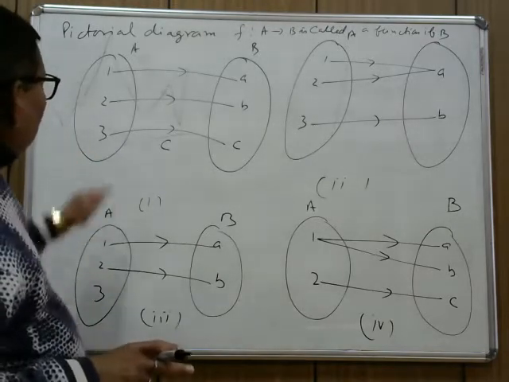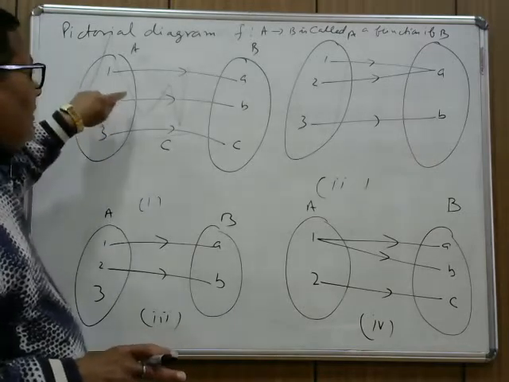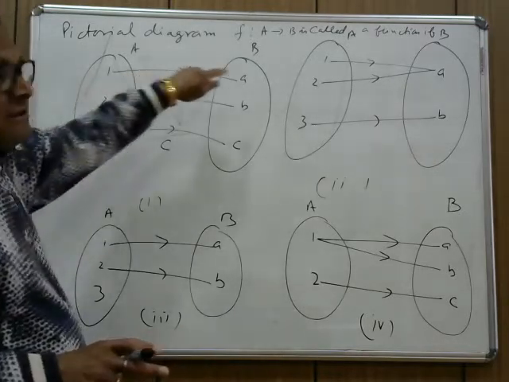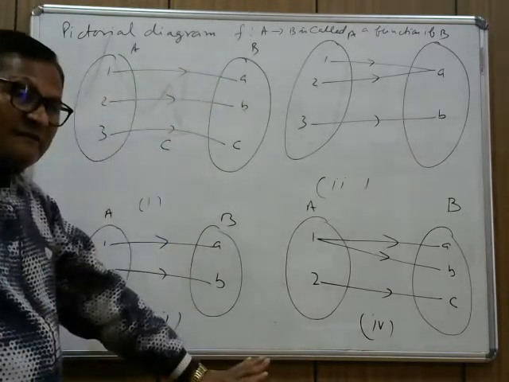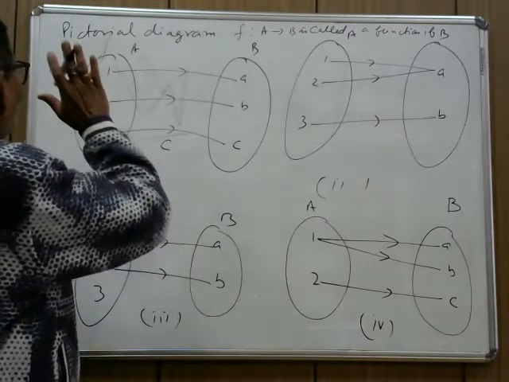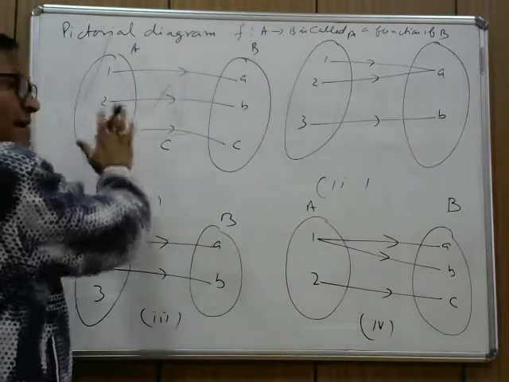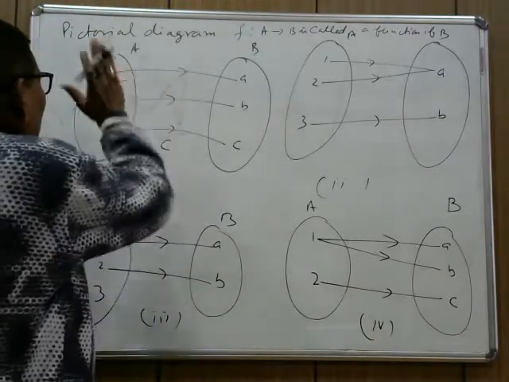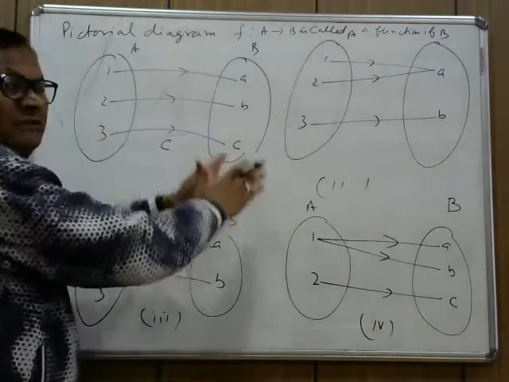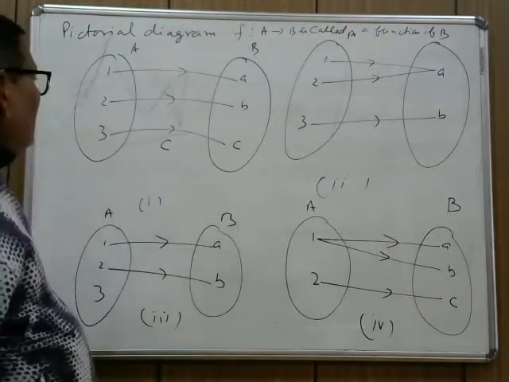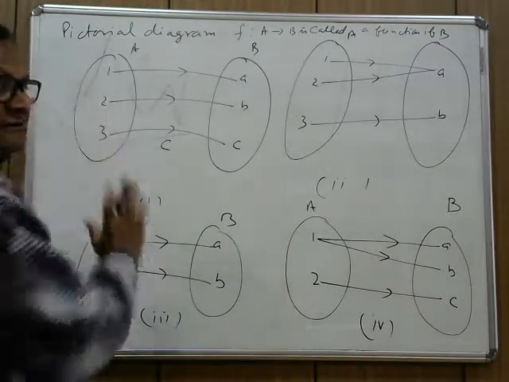Since all the elements of A are associated with elements of B, the first condition is satisfied. There is no element left in A which does not have an association. So the first condition is satisfied.